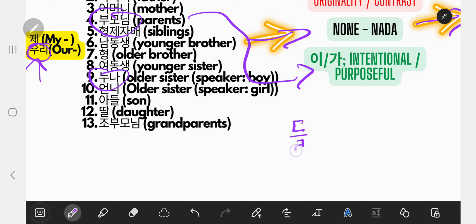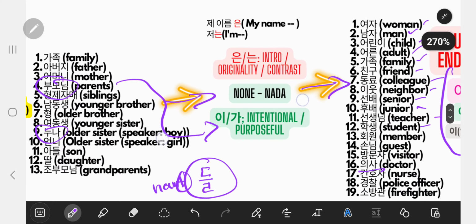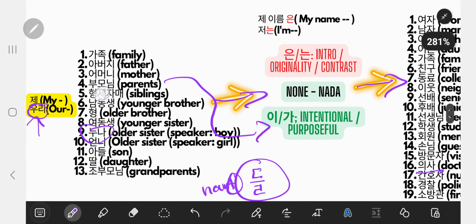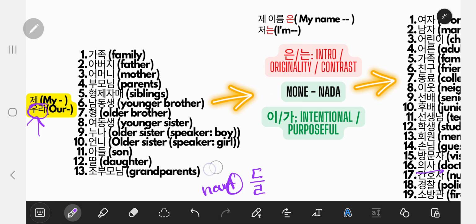I'll just write it one more time. 들. You just add it on to a noun and you're fine. Yes, make it plural. Okay, and let's do one more, just for good luck. I usually charge $5,000 for this example, but since you guys are paying students who are paying my rent at the same time, I will give it to you for free.